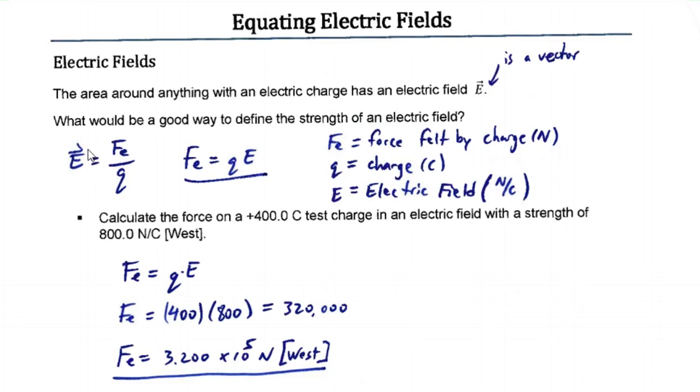If the electric field was going north, and again the test charge was positive, then the force would also be north. Just be aware that if you did have a negative charge, it would then be in the opposite direction. So if the field was going east and you had a negative charge, like an electron or multiple electrons, then the force would be going in the opposite direction. It would be going to the west. So just be aware of that.